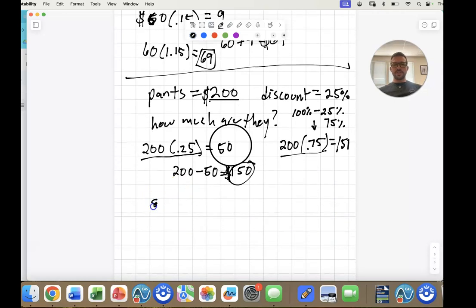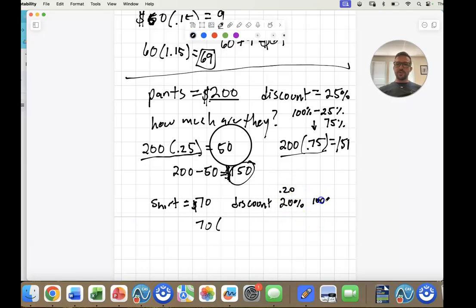If you have a shirt on sale that originally cost $70 with a discount of 20%, how do you figure out how much the shirt costs? You would not do 70 times 0.20.